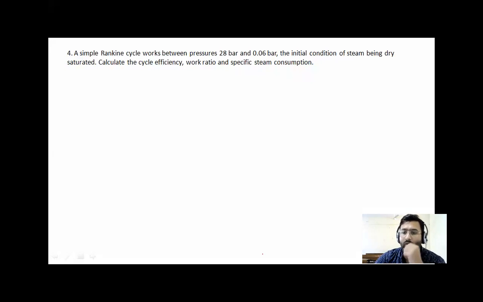So write down this example for homework and try to solve it. Same process you have to follow as we followed for the other examples. Okay, so with this we'll stop here. In the next lecture we'll take this example and MCQ questions related to this chapter, and we'll start the next chapter, section number 2.